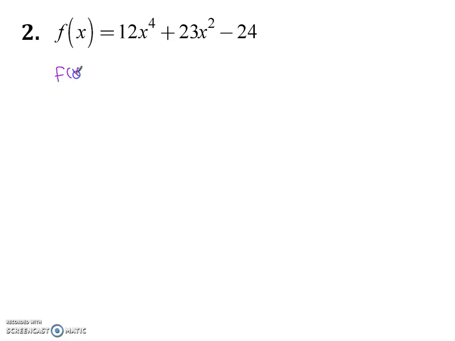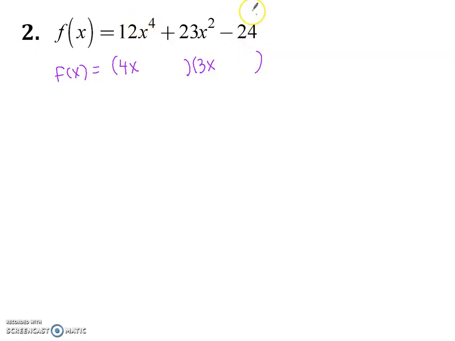So to factor it, I'm going to try multiples of 12. I'm going to start with 4 and 3. There's nothing wrong with starting with 2 and 6 and 1 and 12, but I usually start with the middle ones. And actually on this one, I know I can't start with 2 and 6, because if I have to find multiples of 24, that's always going to include at least one even number for the multiples.